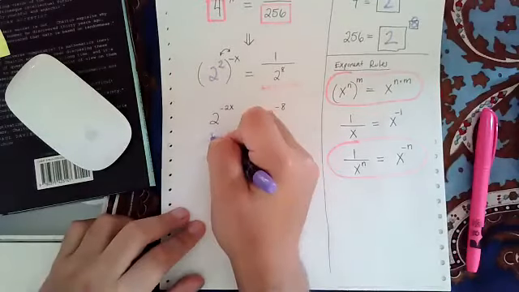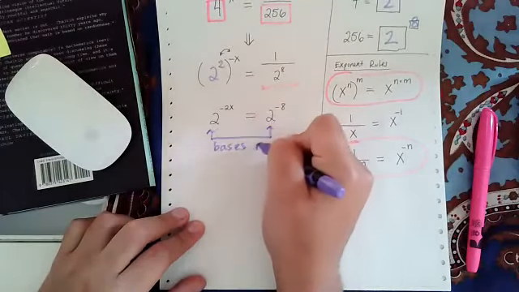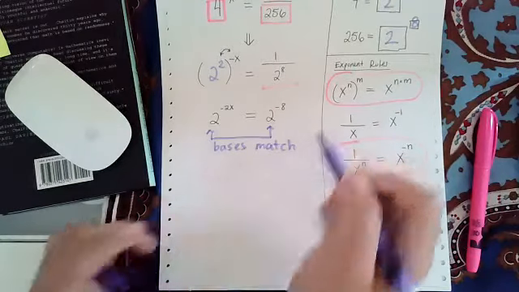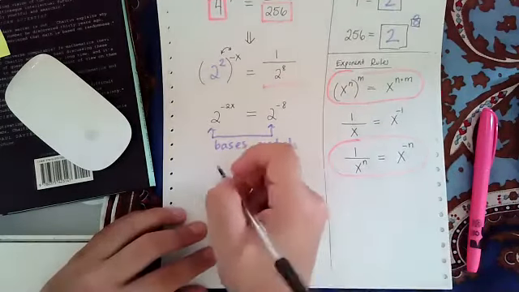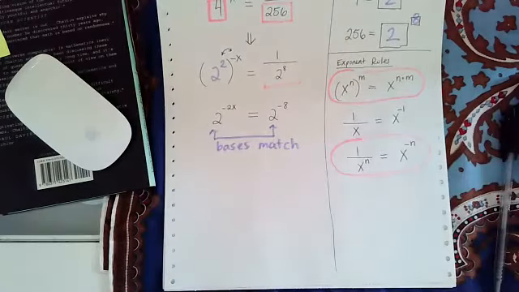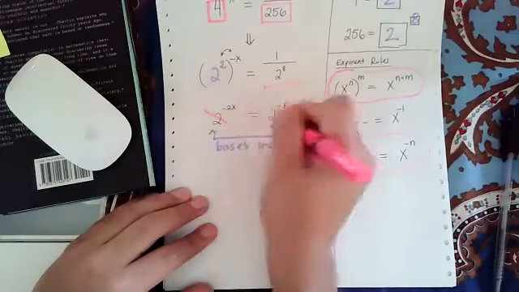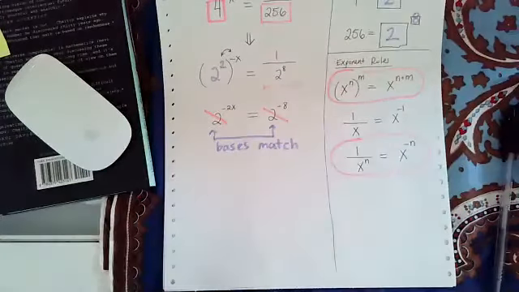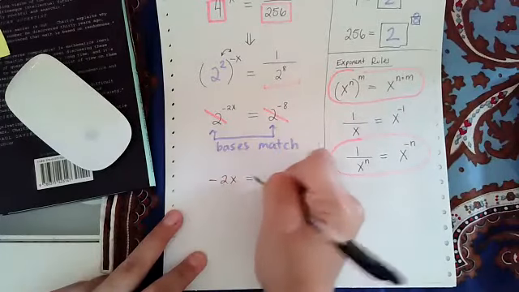So because our bases match, that means that the exponents have to be equal to each other. I usually say, just like Skrillex or any dubstep, you're just going to drop the bass and set the exponents equal to each other.